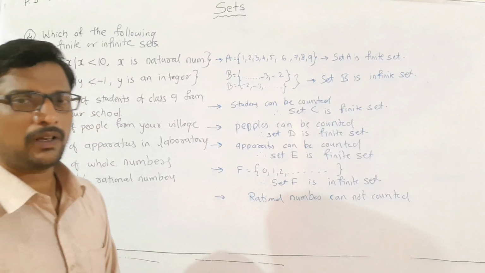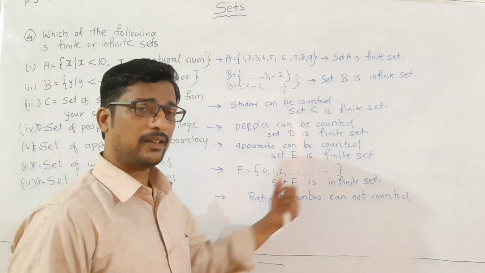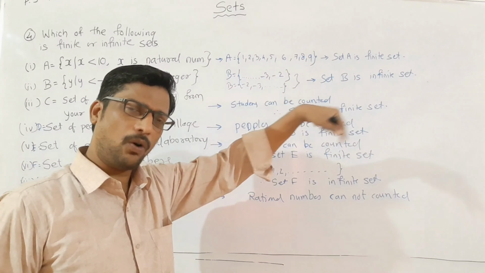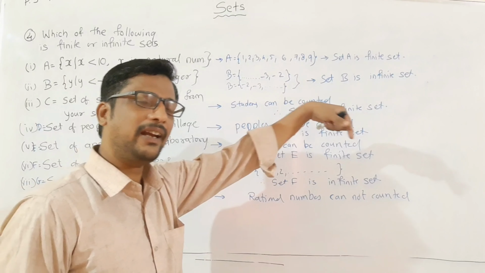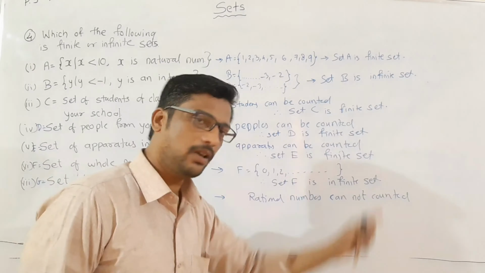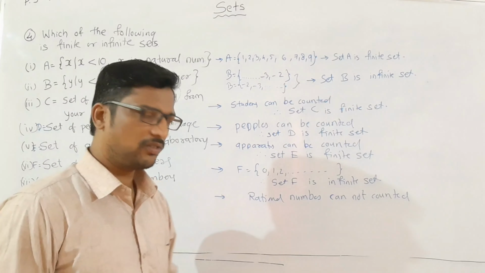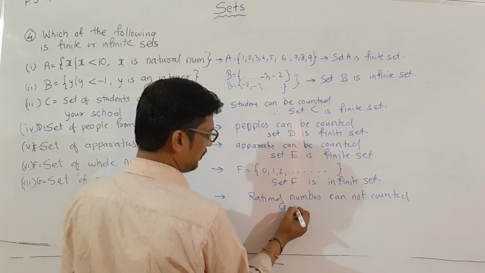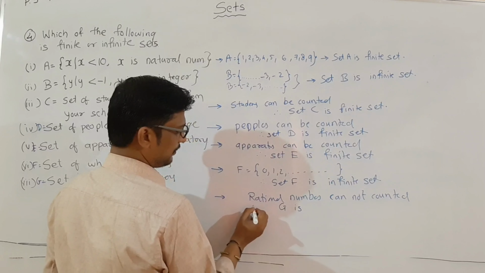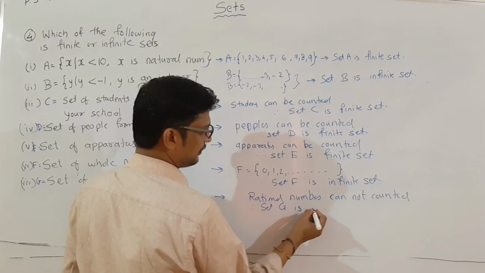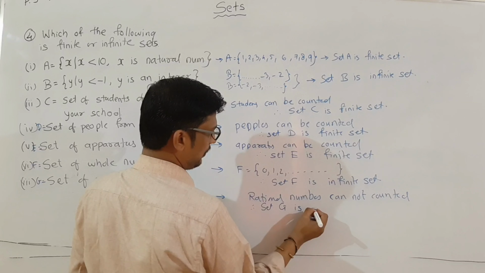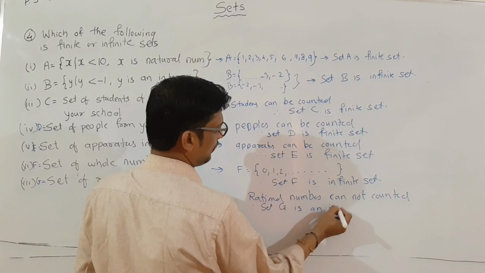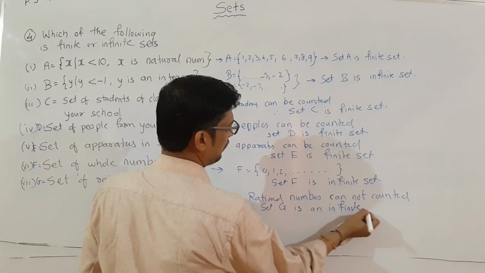We cannot count the rational numbers because it goes on and it is endless. So we cannot count rational numbers. And if we cannot count the rational numbers, therefore the set, which I have named as G, set G is an infinite set.